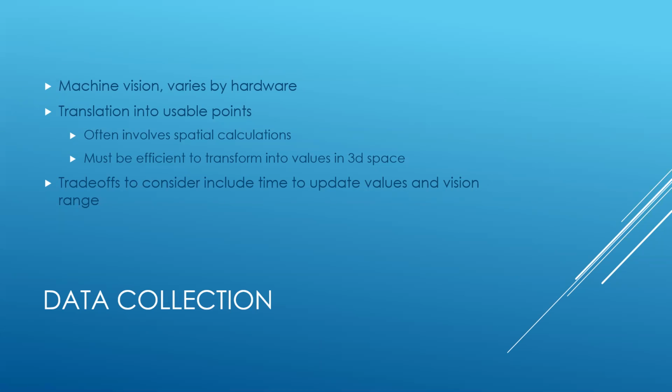It must also be able to efficiently transform these inputs into a usable set of values, which represent the coordinates of the nearest obstacle in every direction in the 3D plane relative to the drone. It is important to consider how efficient the hardware component for machine vision is, as a function of the time it takes to return updated values and the area that the technology is able to see in.